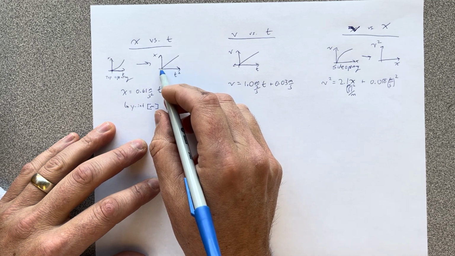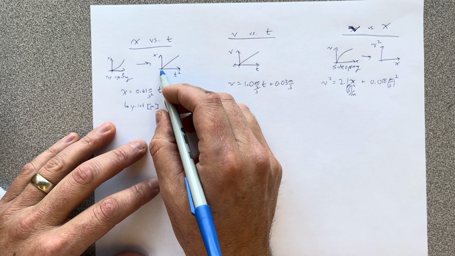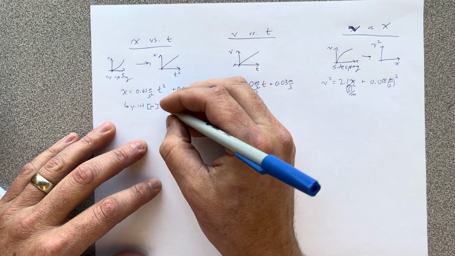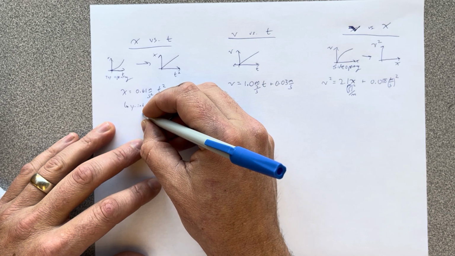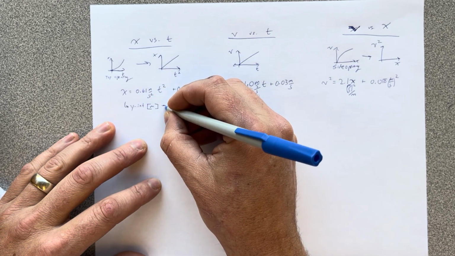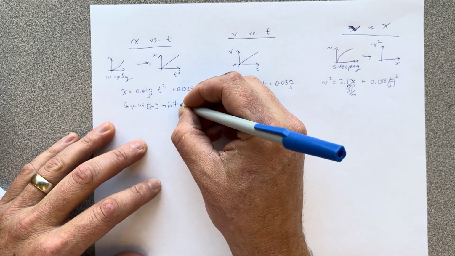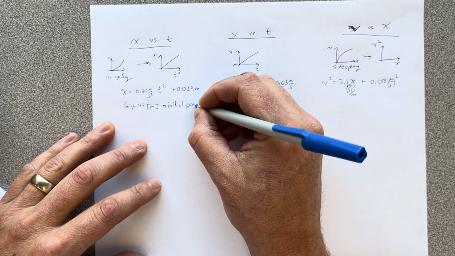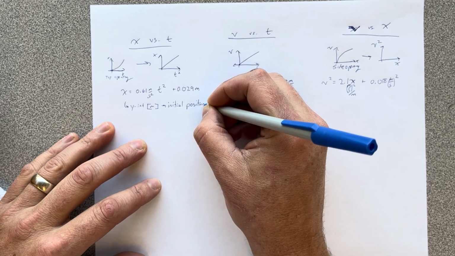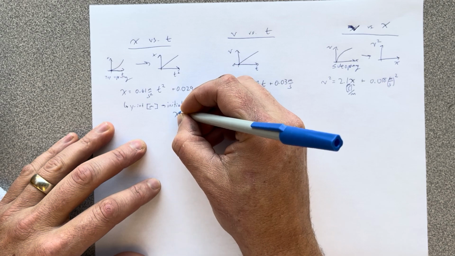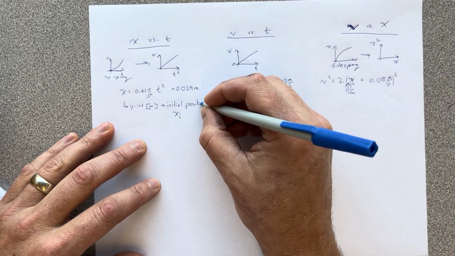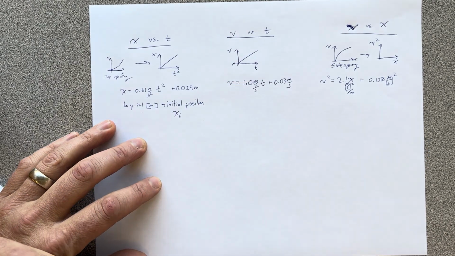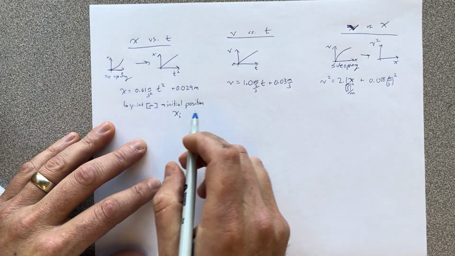Time squared equals 0 would be 0 seconds. So this is what we call the initial position. The symbol is an X with a little i. Initial position, the initial coordinate along its motion.